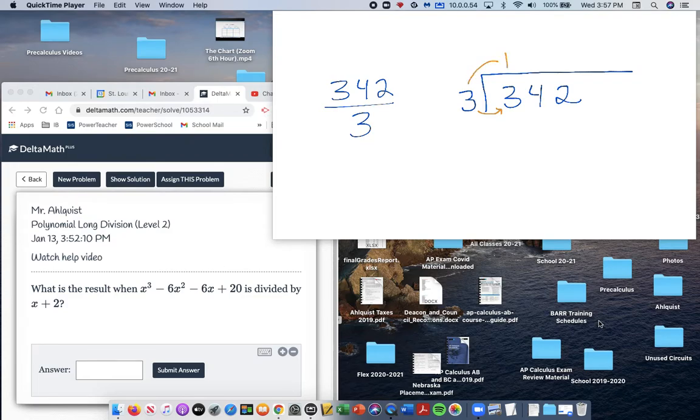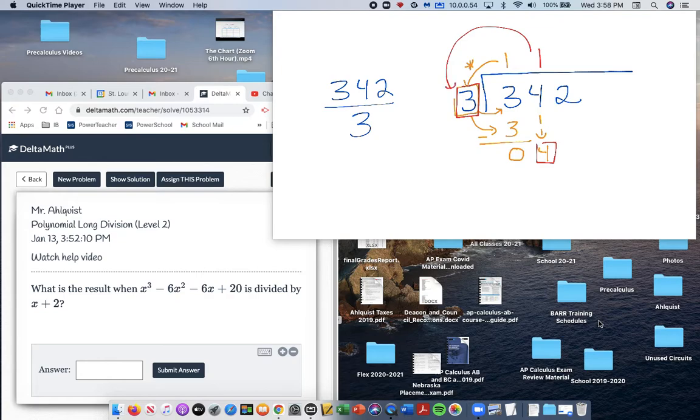So if we take 1 times 3, we get 3. And if we subtract this, we get 0. And then we dropped this 4 down. And we said, okay, how many times does that 3 out here go into this 4? Well, 3 goes into that 4 1 time.